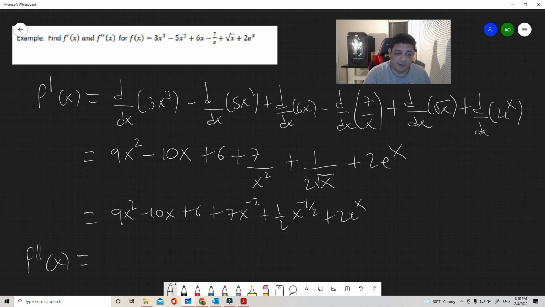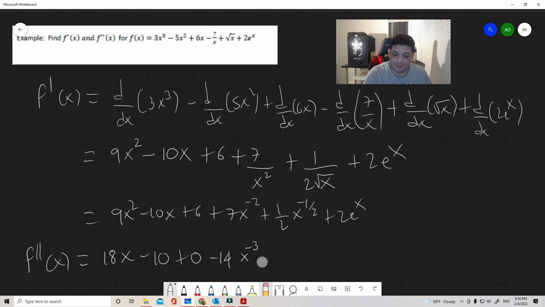So f double prime of x now is going to be 18x minus 10, which is the derivative of x, 1. 6 becomes a 0. And now this one here, x to the minus 2. So the minus 2 multiplies, and this becomes a minus 14. And I subtract 1 here, and it becomes x to the minus 3.